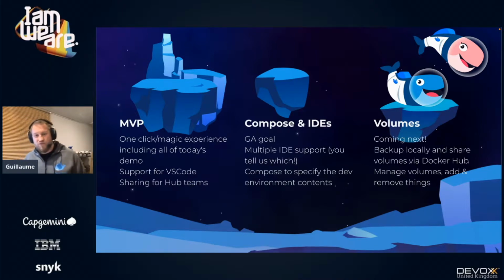So you should be able to define the name of your dev environment and just override what you need from your existing Compose file to set up a service as a dev environment, and so on. We want to support more IDEs, of course.